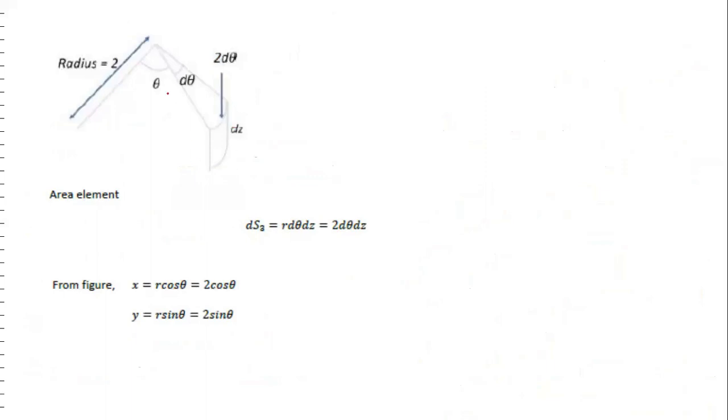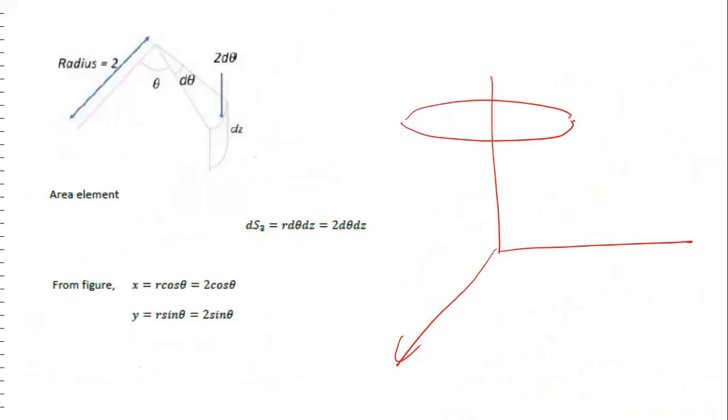So this is your dz, and let me redraw it again because I have made that picture very messy. I think I have drawn this cylinder for the fourth or fifth time, I don't remember. Anyway, we are going to consider some surface here on the curved surface.